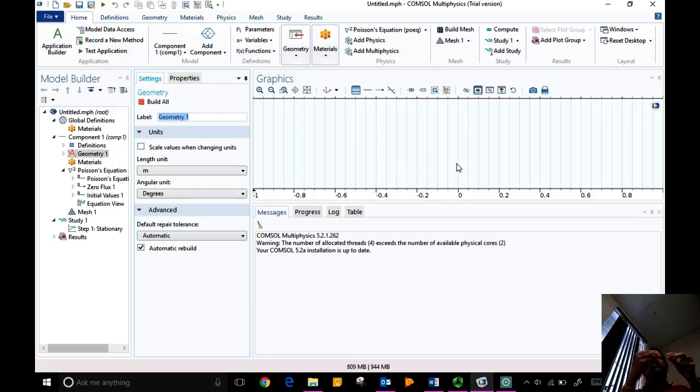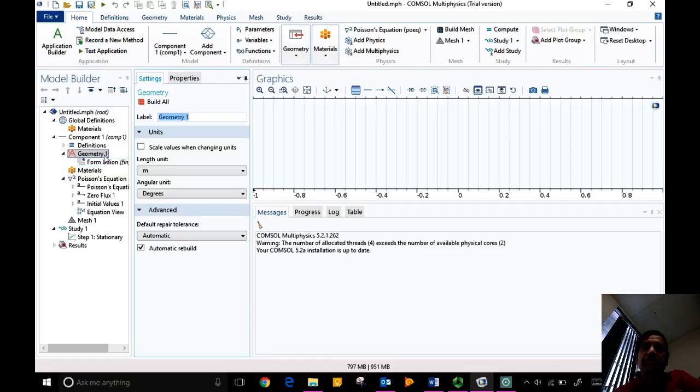In 1D, it has to be only a line. In 2D, it can be a rectangle, a circle, whatever. But in the one-dimensional case, the geometry is going to be essentially a line. It has put in the folder all the necessary nodes that I need: definitions, the geometry, the Poisson equation, the type of study. I need to pick the initial and boundary conditions.